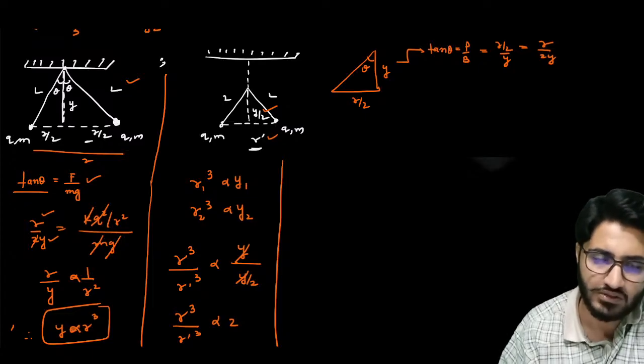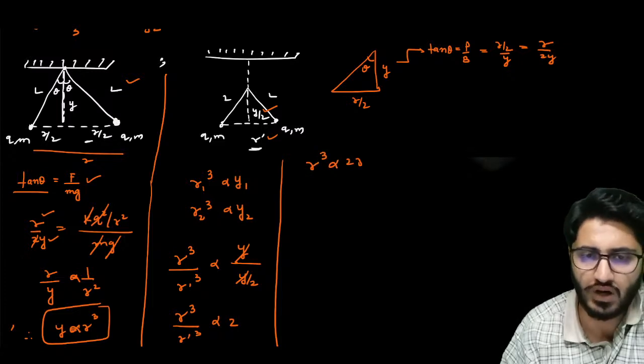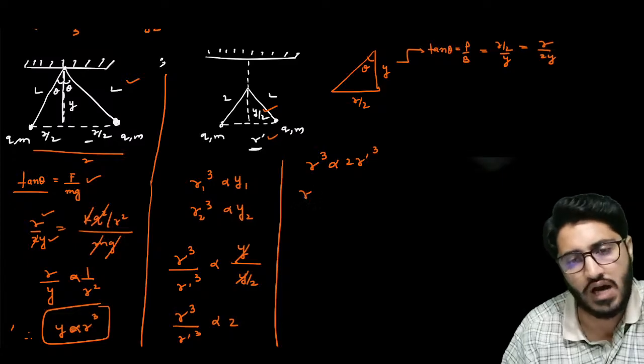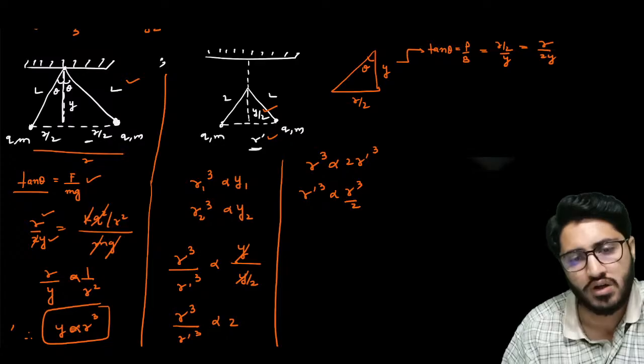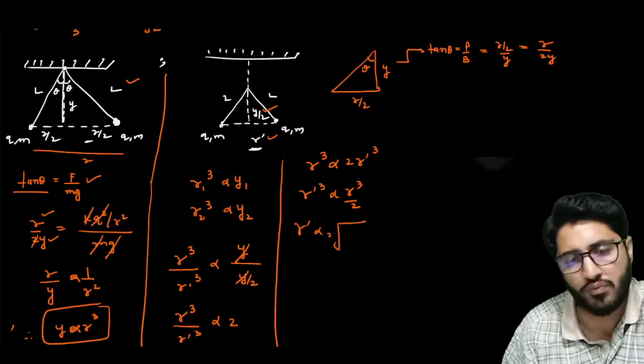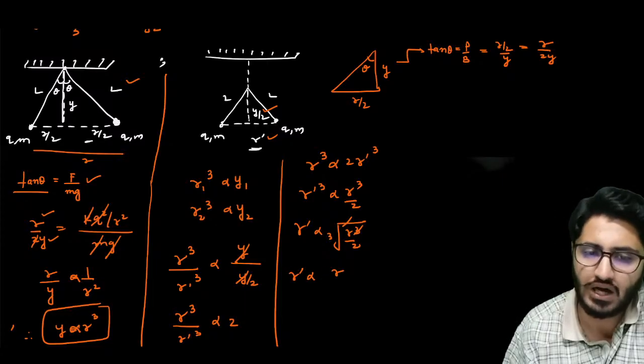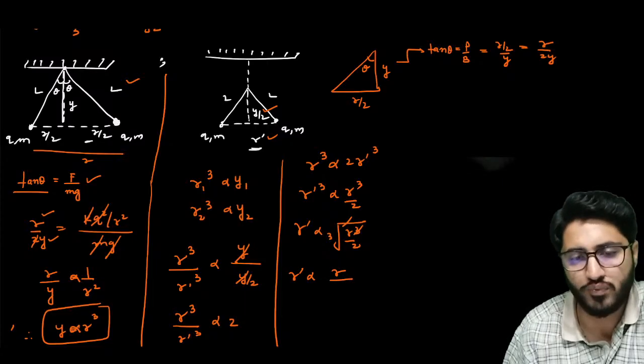Yes. So now I will write r cube is proportional to 2r dash cube. So r dash cube is proportional to r cube by 2. So I will take cube root here. So r dash is equal to cube root of r cube by 2. Cancel out. So r dash is proportional to r by cube root of what? 2.